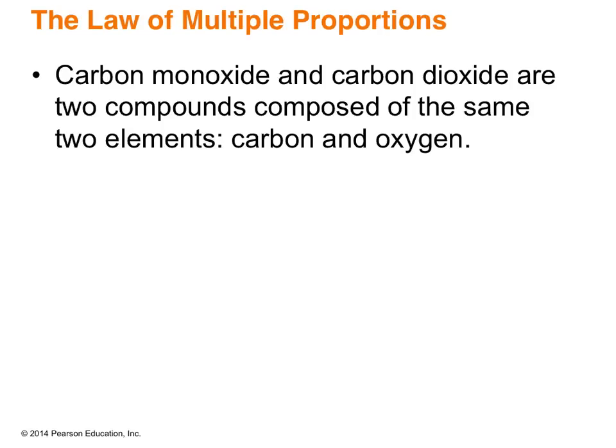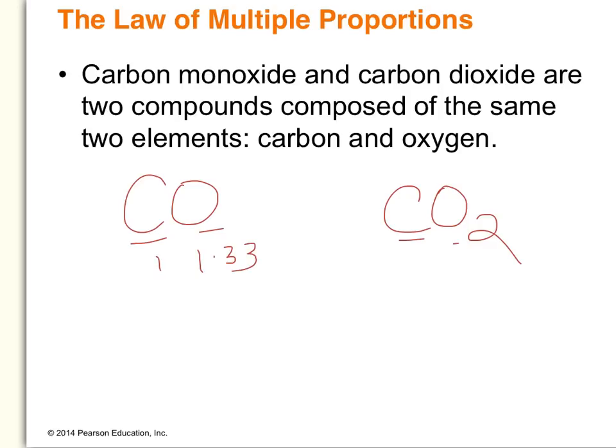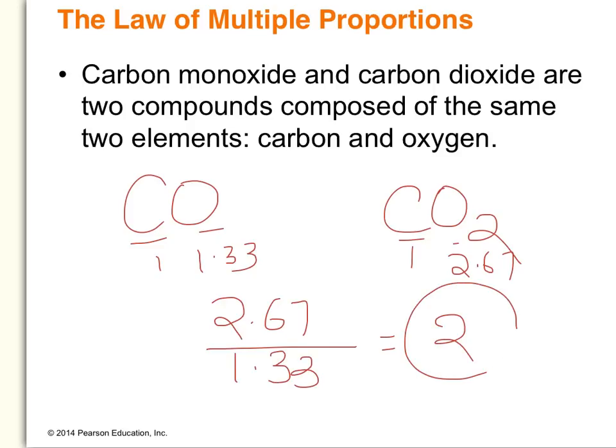Now, carbon monoxide and carbon dioxide both have the same elements, carbon and oxygen, right? In one case it was 1.33 to 1, and in the other it was 2.67 to 1. So the ratio of the mass of oxygen in carbon dioxide to carbon monoxide is 2, and this is the simple ratio that we were talking about in the previous slide.